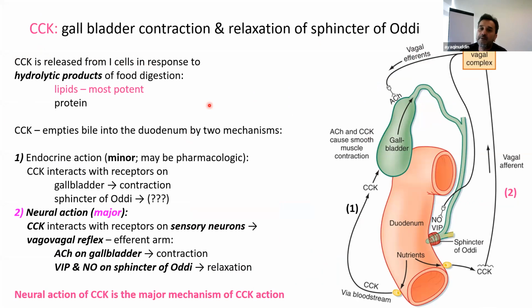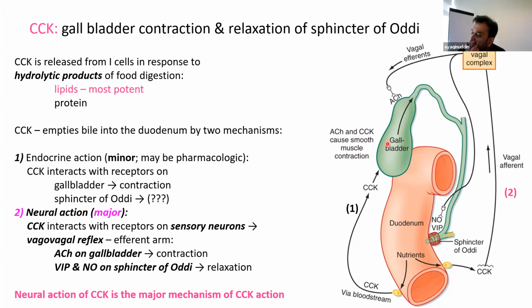So once you have these hydrolytic products of food digestion, which are lipids, CCK is released by the I cells. This CCK interacts with receptors in the gallbladder and also receptors at the sphincter of Oddi, which allows relaxation of the sphincter of Oddi and contraction of the gallbladder.